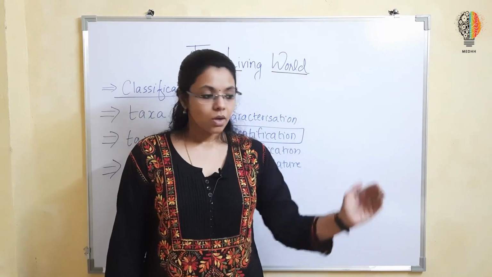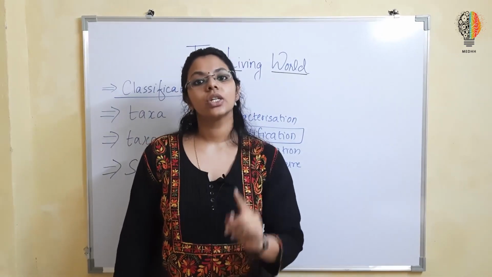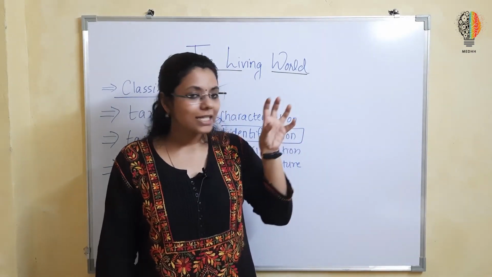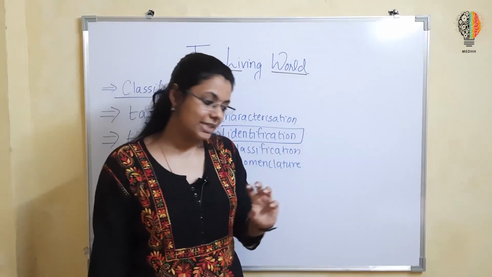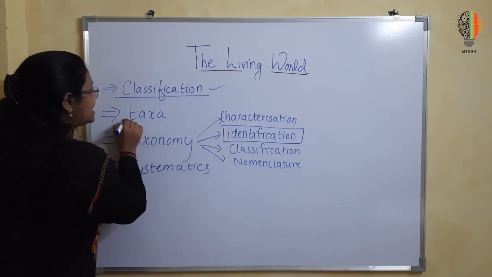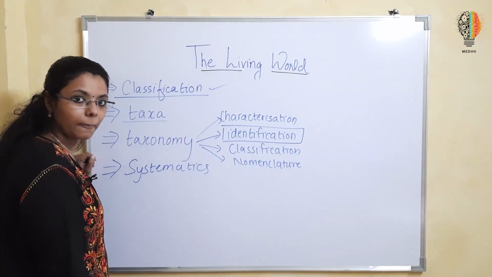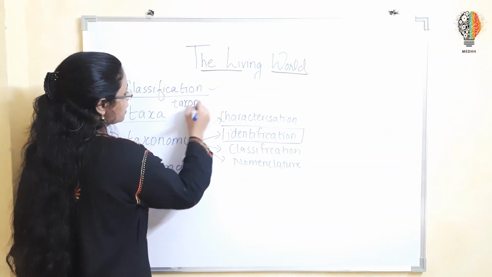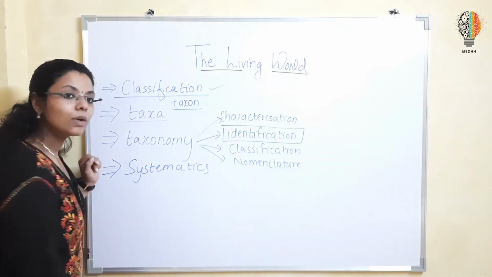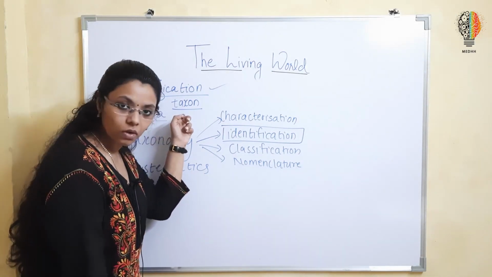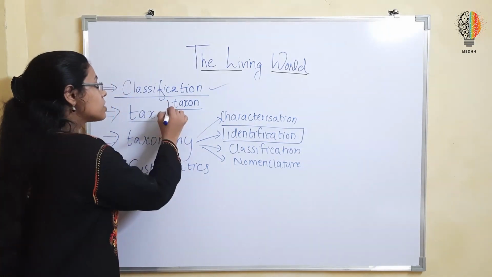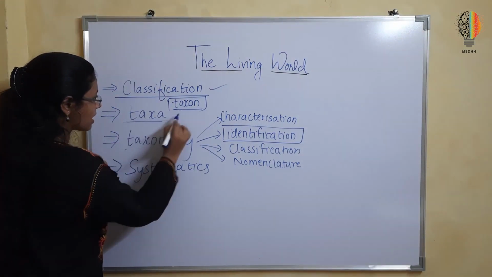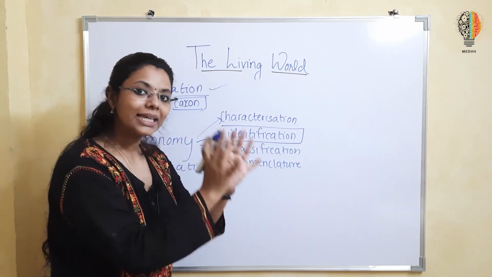So that is why classification is important, and the scientific term for the classified things or categories is called taxa. The singular is called taxon. So taxa is the scientific term for category.